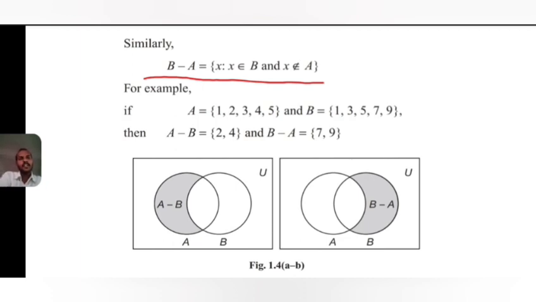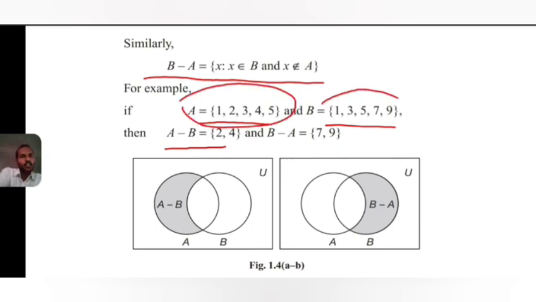For example, if A equals {1, 2, 3, 4, 5} and set B equals {1, 3, 5, 7, 9}, then A difference B is nothing but the elements which belong to set A but not set B. The element must be in set A but not in set B, right?